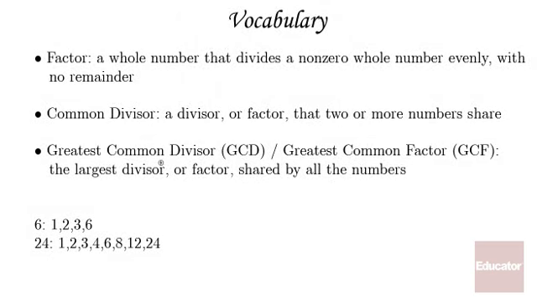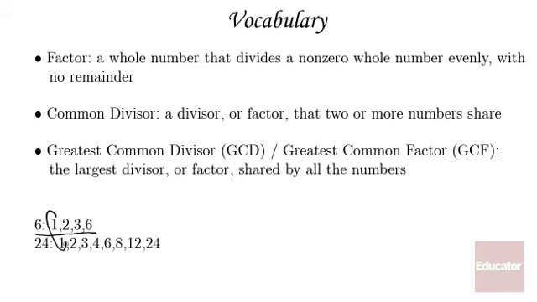A factor is a whole number that divides a non-zero whole number evenly with no remainder. So for example, 1, 2, 3, and 6 are all factors of 6 because all of these numbers could be divided into 6 evenly with no remainder. A common divisor is a factor or a divisor that two or more numbers share. So what they have in common.